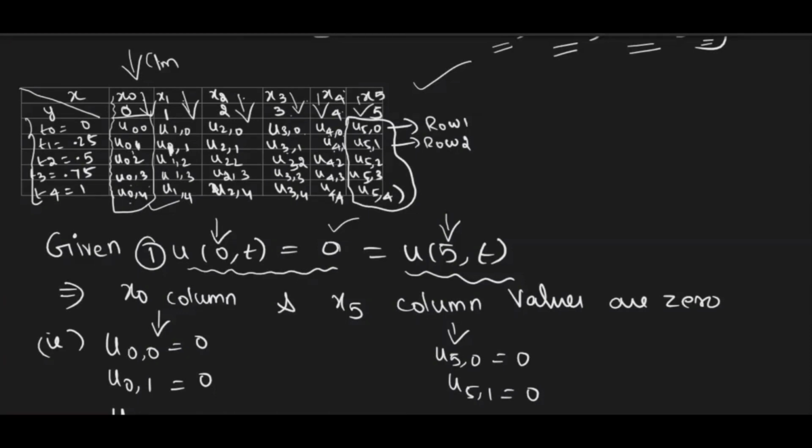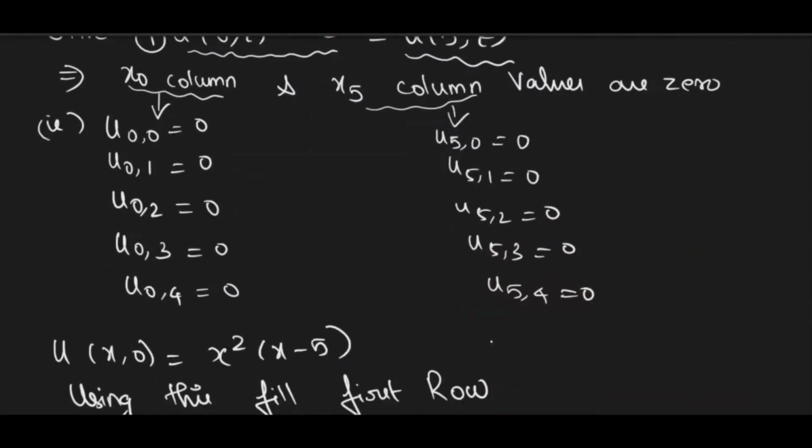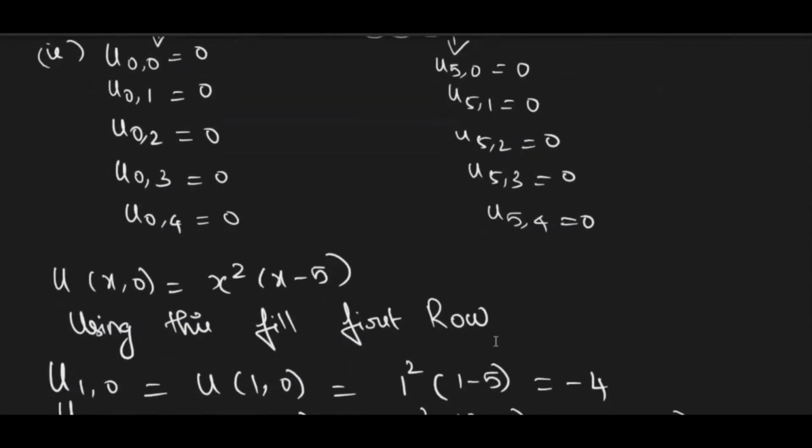These values also will become 0. So your x0 column is 0 and your x5 column, all the values are 0. What you have to do is find the values one by one. So first column is fixed, last column is fixed. Okay. So the same thing I have written in detail, that is u of 0,0 is 0, 0,1 is 0, same thing. The entire first column and last column will become 0.